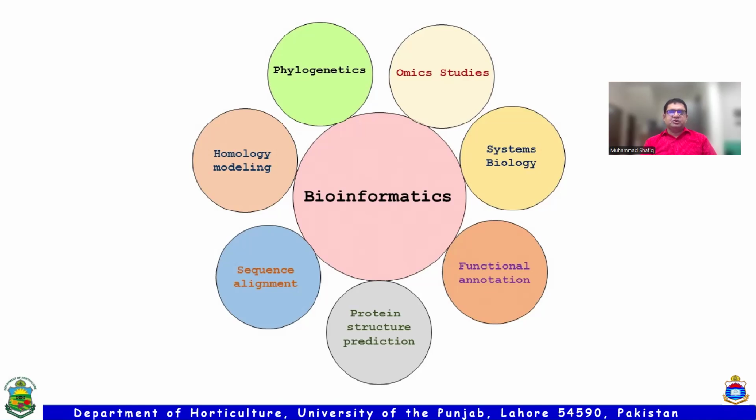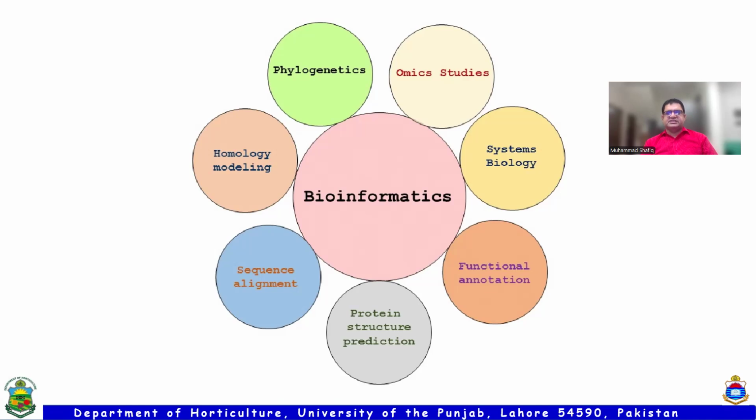As I already told you, in bioinformatics we normally do many things like omics studies, phylogenetic analysis, understanding sequence homology, and then understanding the transcriptomics, metabolomics, and proteomics of different plant cells under different responses.